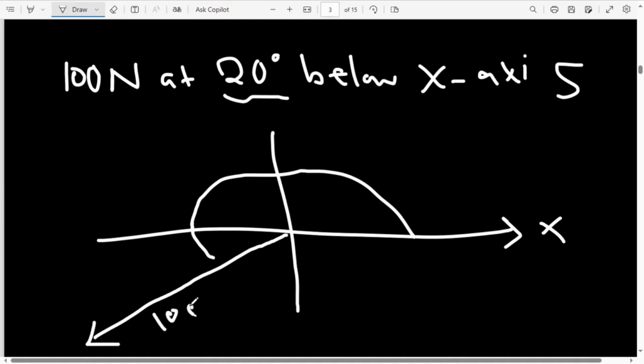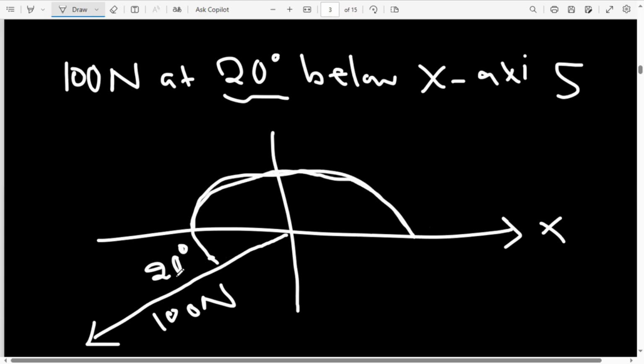So 100 newtons at 20 degrees below the x-axis. This is the 20 degrees here. What is our angle if we read it from the positive x-axis? It will be this whole thing here, which is 180 plus the 20.